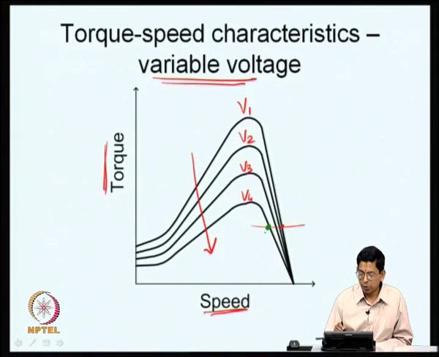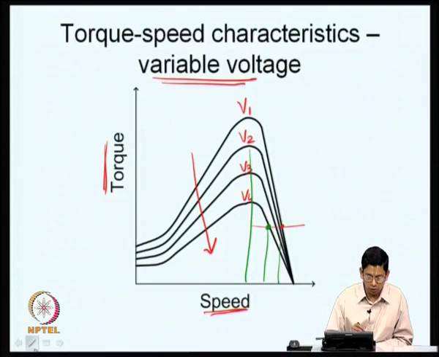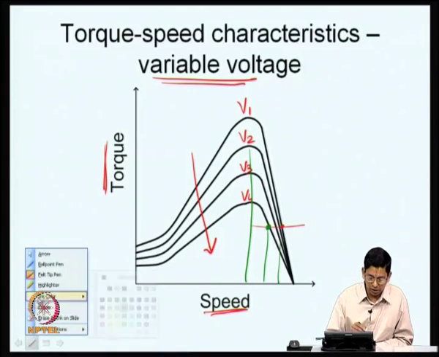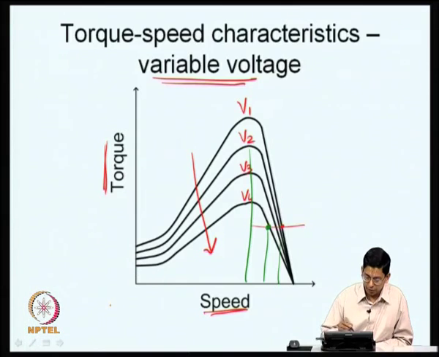So, it is possible for you to vary the speed of the motor over a small range by going in for such kind of voltage control, but it is restricted over a small range. It is restricted only within this so called stable operating region here, and this is ideally suited, as you might know, for characteristics like here.